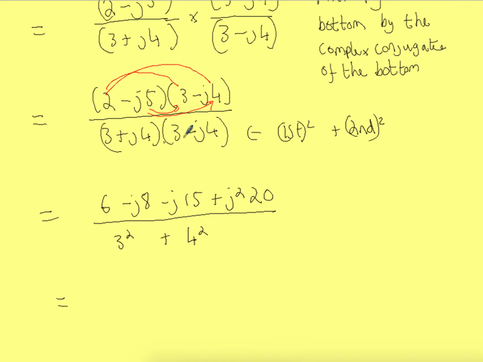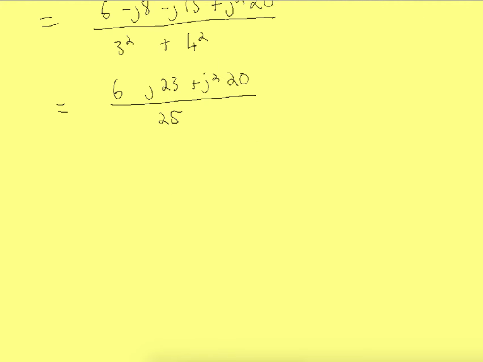Or you can multiply out those brackets the same way, but it's just going to take you a wee bit longer. So that's 6 take away j23 plus, I'm just going to show you all the working, and then that bottom bit is just 25. Just like that, right?